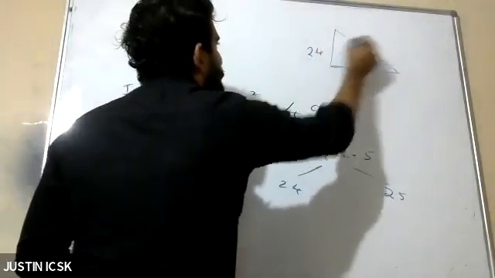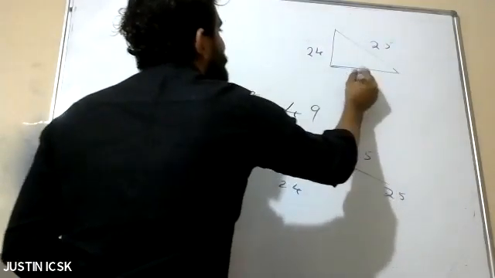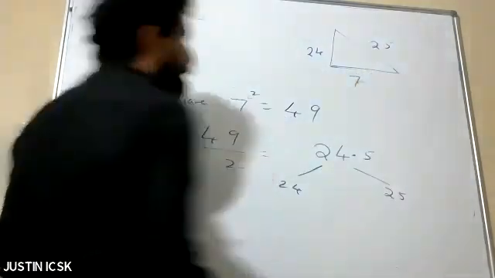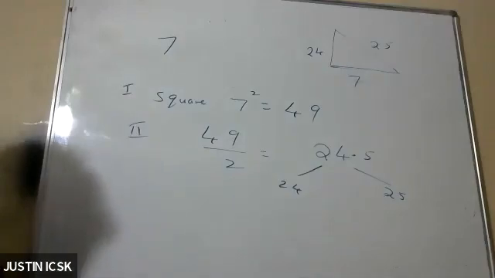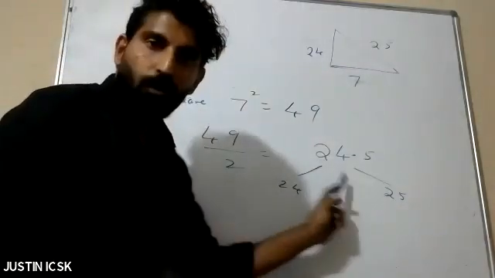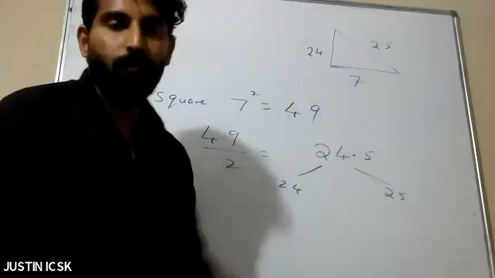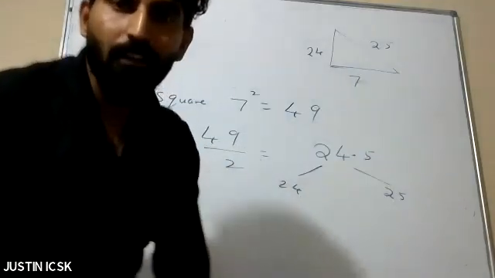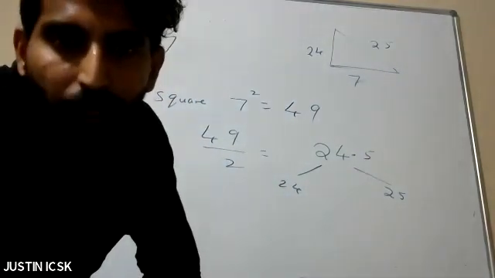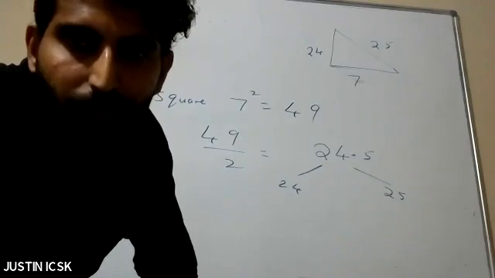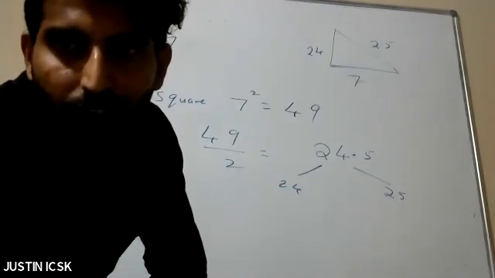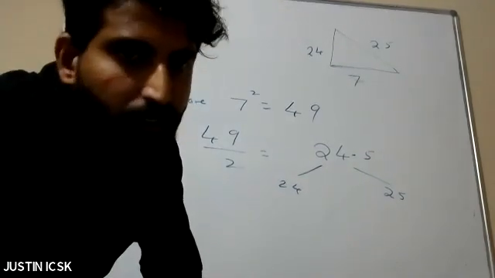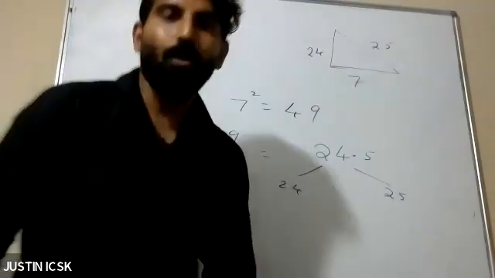So 24 and 25. 24 is before, 25 is after. So 24, 25. These are called Pythagorean triplet. It is studied in 8th standard. 9th standard students may know, others will study in 8th standard. So this is the case of odd number.